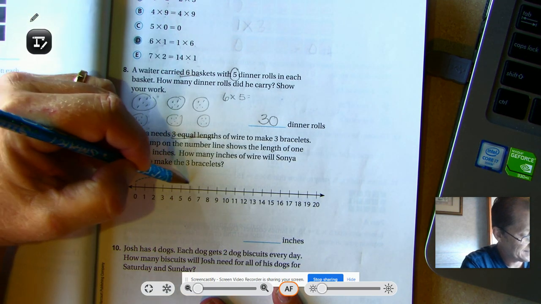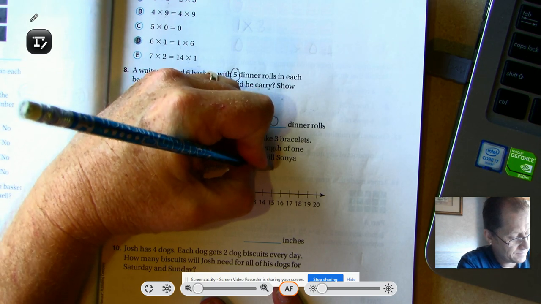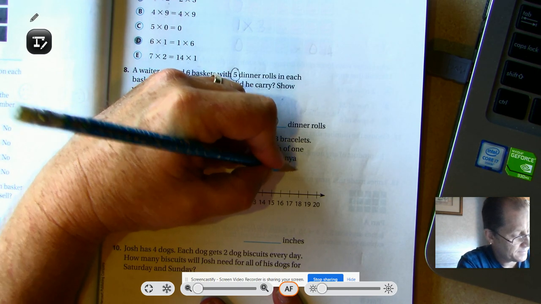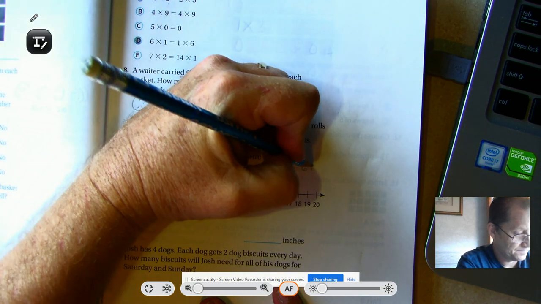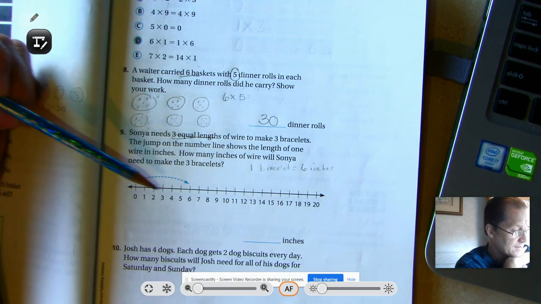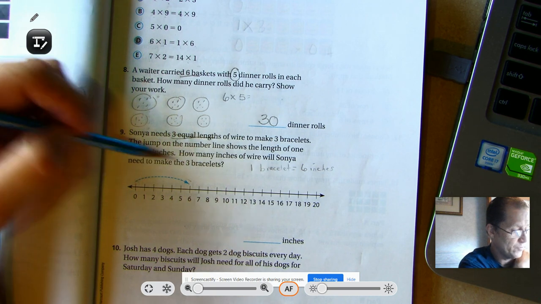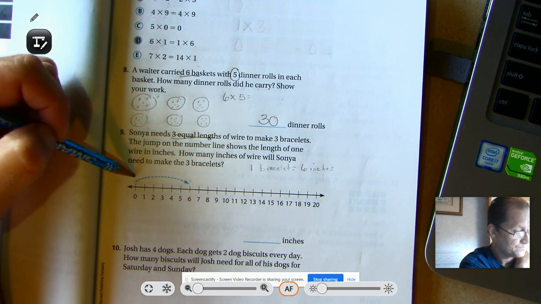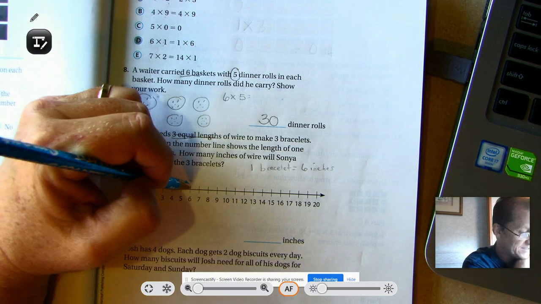One bracelet equals 6 inches. Okay, so this jump here represents the length of the wire. Okay, so she needs 3 sets of those 6s.